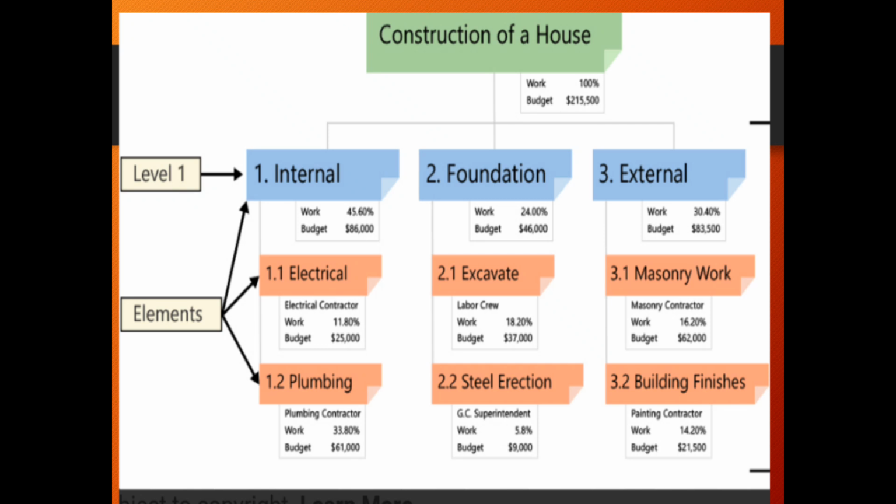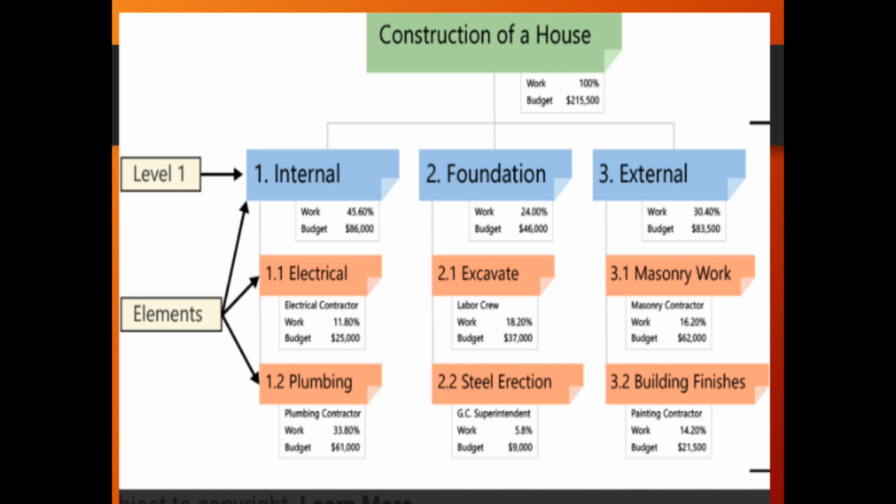Whatever is going to be done inside, that is interior, that's a major deliverable. Foundation, that is a major deliverable. Whatever you're going to do with your house externally, that is a major deliverable. Then inside the interior, we have deliverables like electricity as well as plumbing.